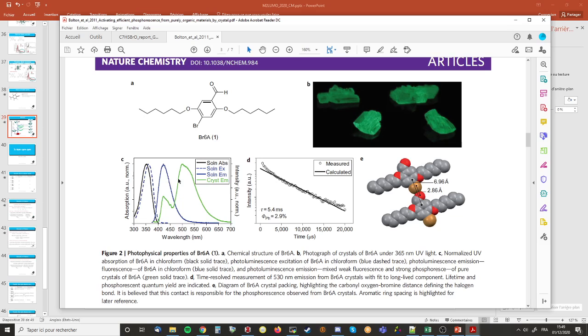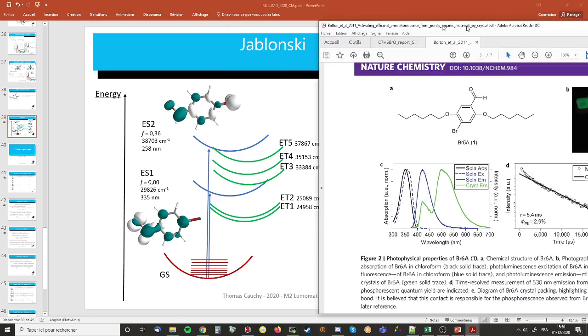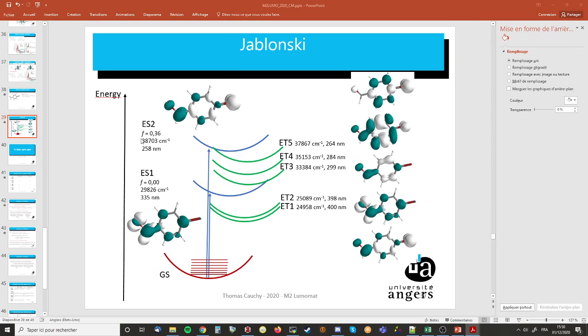Okay, so absorbance, expected absorbance in solution 350, and we have something that is lower in energy. Okay, officially 330, it's a non-absorbing state.